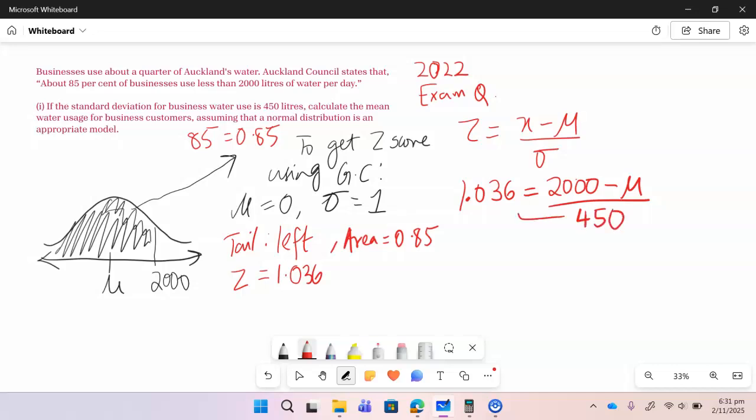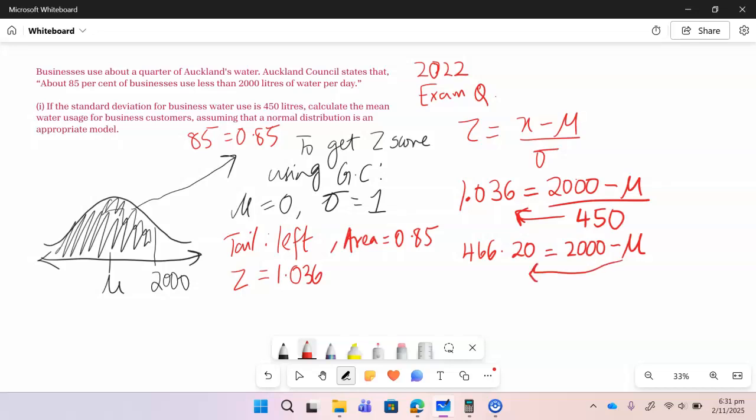Great, now cross multiply, so we get 466.20. Okay, and then a little bit of rearranging.